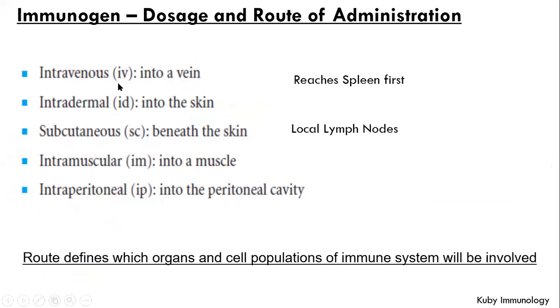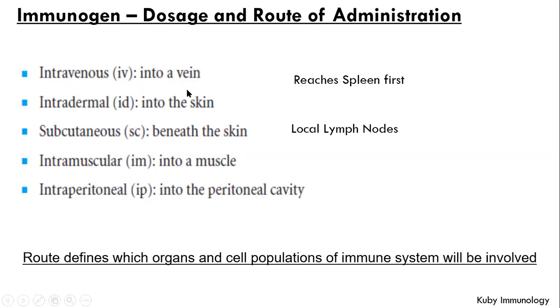So how do you give a dose of antigen or immunogen? Dosage and route of administration are also important. You can use all these methods that we already know fundamentally: intravenous, intradermal, subcutaneous, intramuscular, intraperitoneal. Why are there different routes? Why not through the digestive tract? Why don't we take vaccines orally? Because they might have a specific location they want to reach and elicit a specific response in the body.